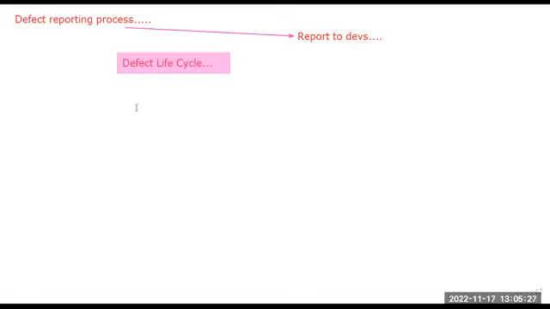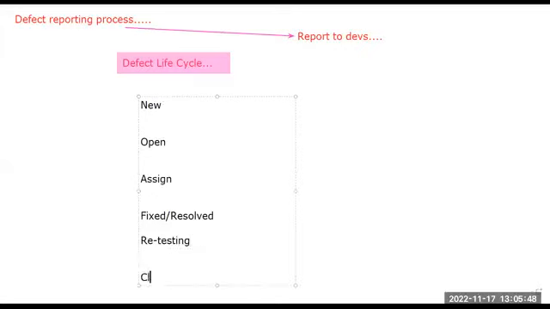So those statuses are various statuses for the defect. That is new, then we have open, assign, fixed, or we can say resolved, then we will have retesting, then closed, and also reopen.